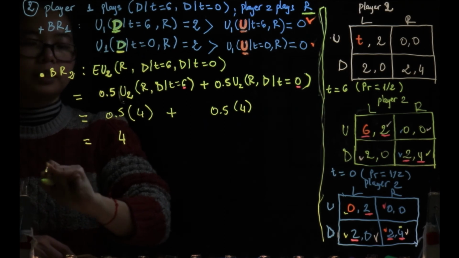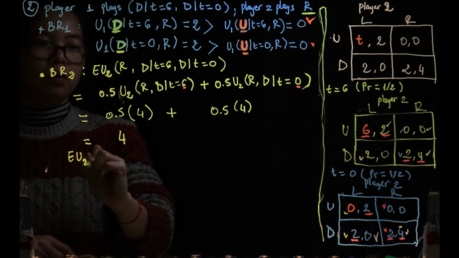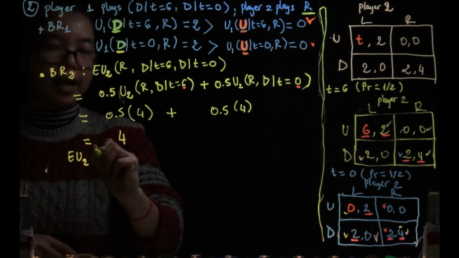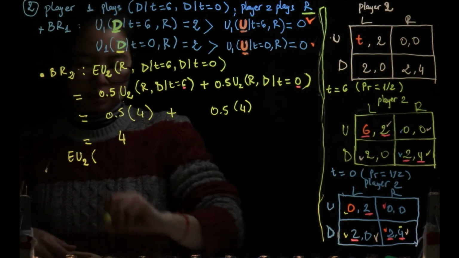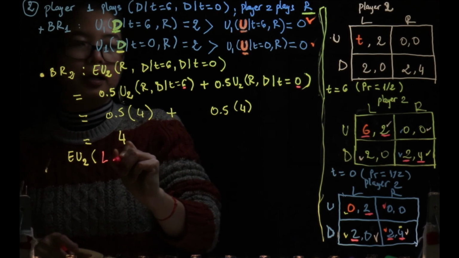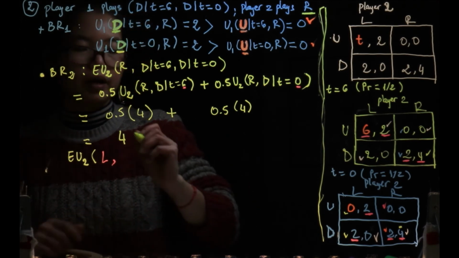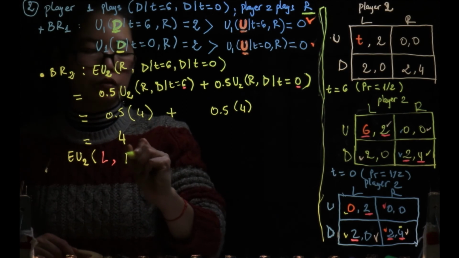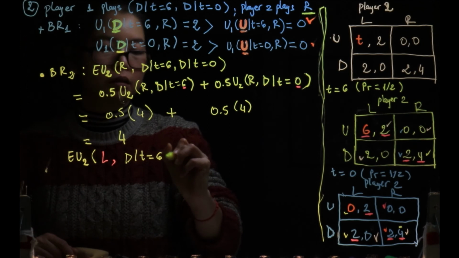Now we calculate the expected payoff when he plays the other strategy, which is left, given that player 1 plays the same strategy, down, in both types.